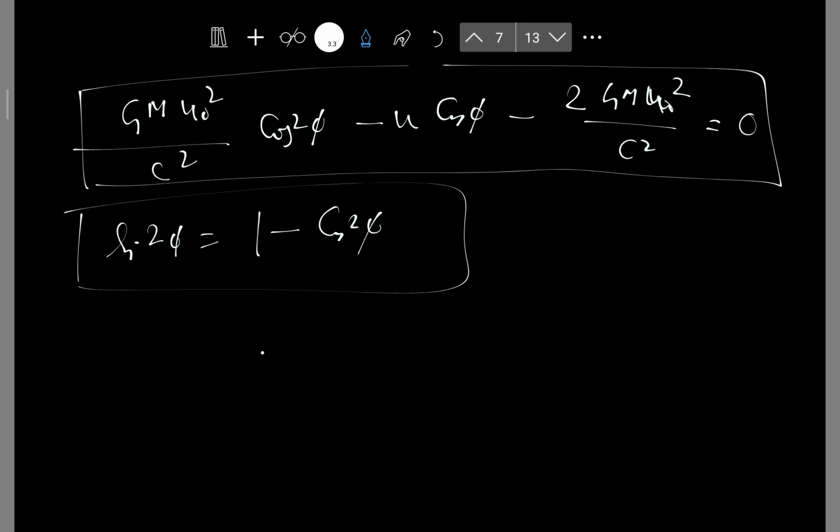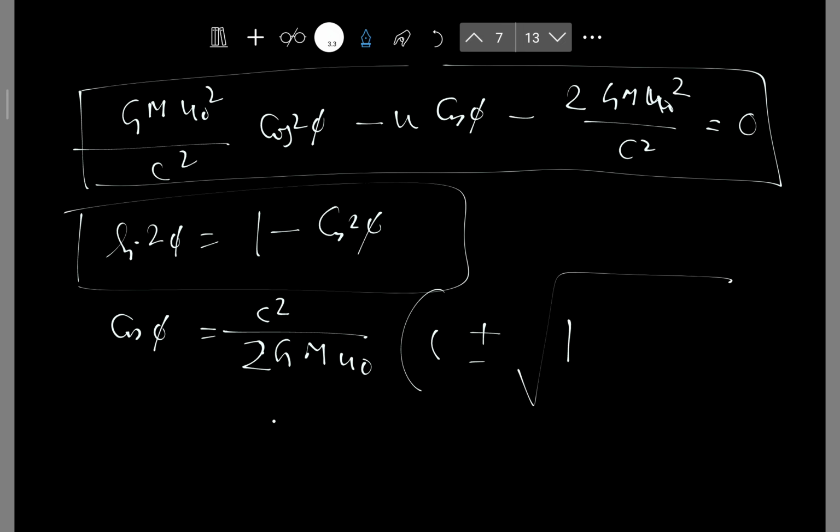So cos phi equals c squared over 2 GM u0, times 1 plus or minus the root of 1 plus 8 G squared M squared u0 squared divided by c to the power 4.